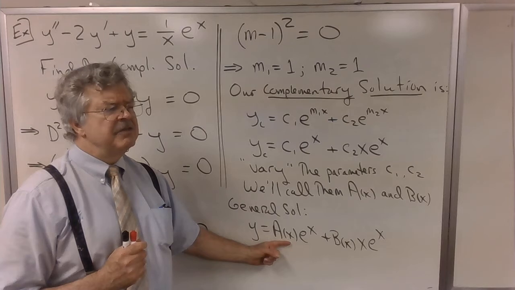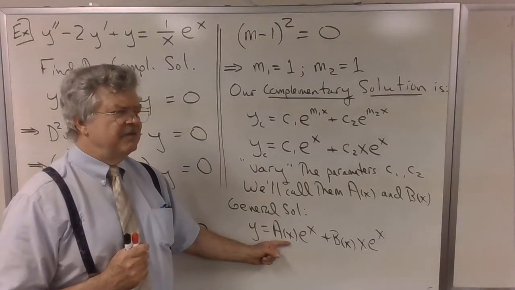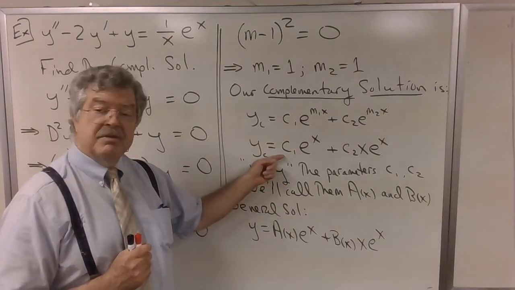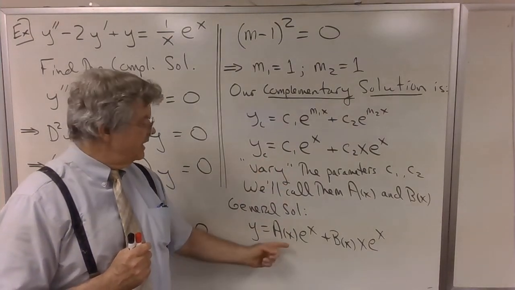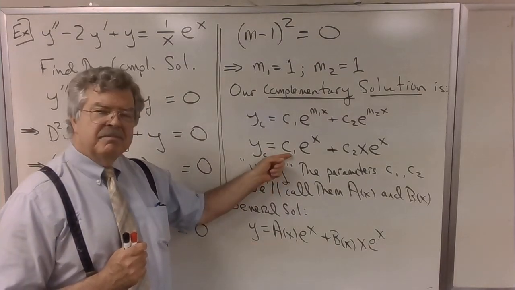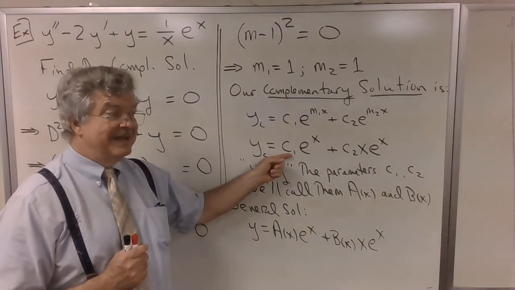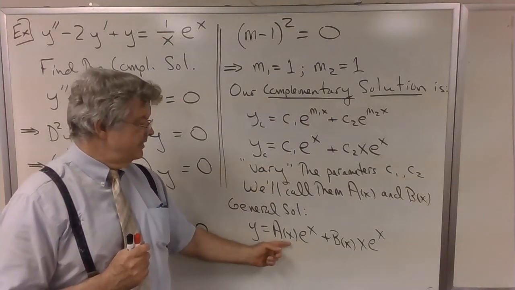And as we mentioned in the previous lecture, it makes sense in a way because we know that the general solution has to contain the complementary solution. To get the general solution, essentially what we can do is take the complementary solution and then add to it a particular solution, and that gives us the general solution.